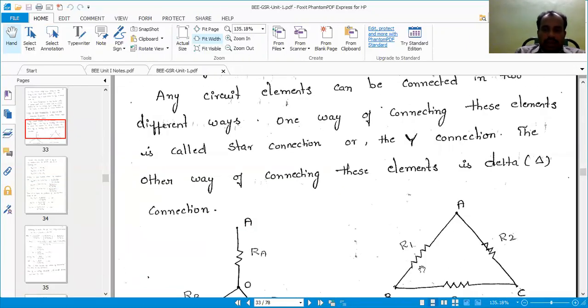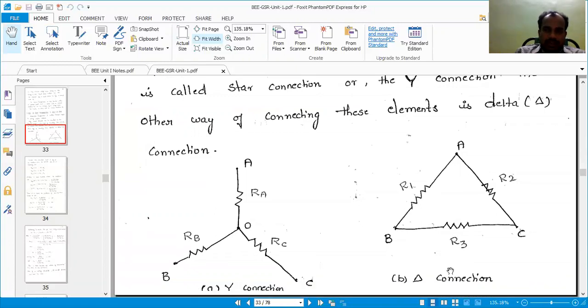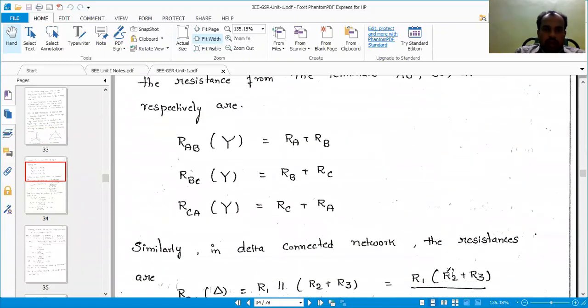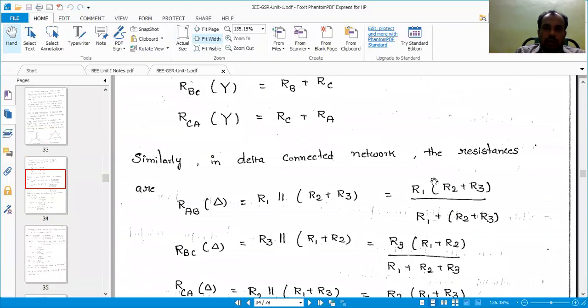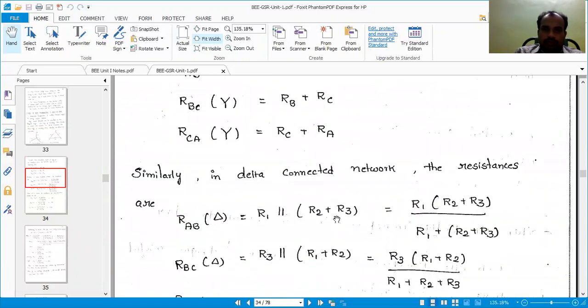Similarly, in the delta connected network, the resistance between, for example, A and B equals R1 in parallel with the sum of R2 and R3. So R1 into (R2 plus R3) by (R1 plus R2 plus R3). RBC equals R3 in parallel with R1 plus R2.